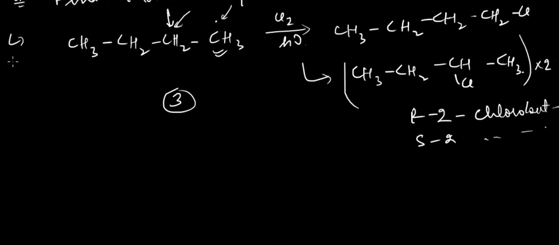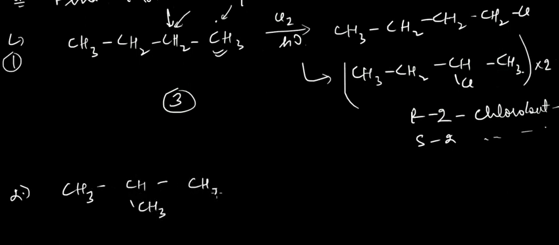Okay, let's see second example, where the total number of monochloro products in this case would be, when passing Cl2 and hν, obviously 1 here, 2 here, 3 here, and then 4th here.